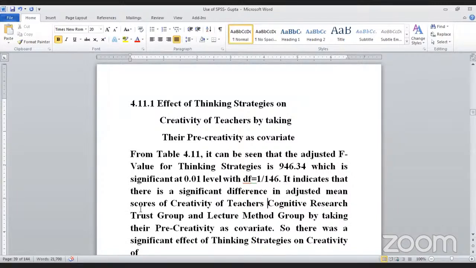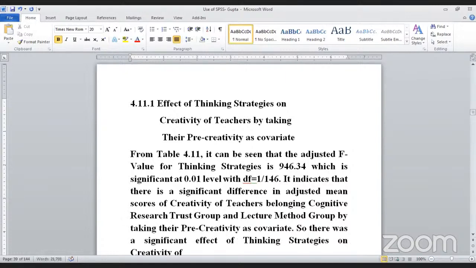So adjusted mean scores of creativity of teachers belonging to cognitive research trust group and lecture method group by taking their pre-creativity as a covariate.